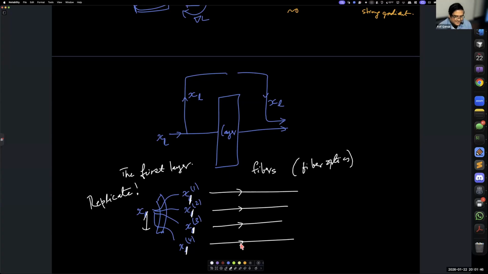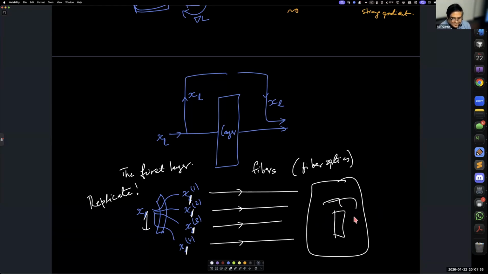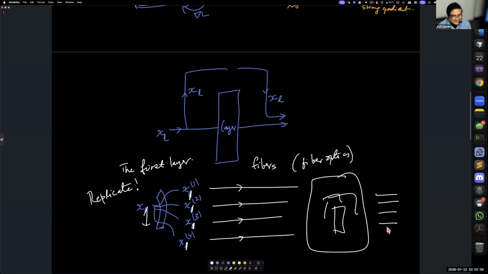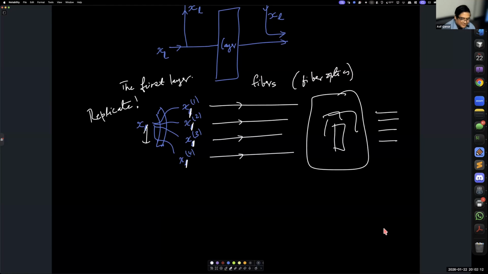Now what they say is that whenever a layer happens, inside there will be a layer and then there will be a residual, etc. At the end of it, make sure that once again 4 channels are coming out. In the very first layer, you make it 4 channels, and hereafter, for any layer, a 4 channel signal comes in: X channel 1, X channel 2, X channel 3, X channel 4.